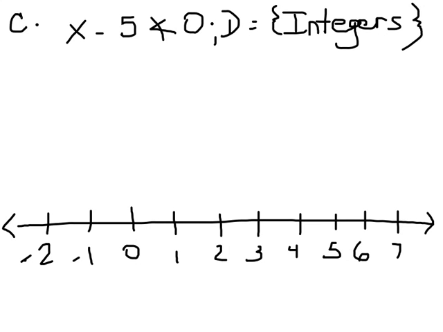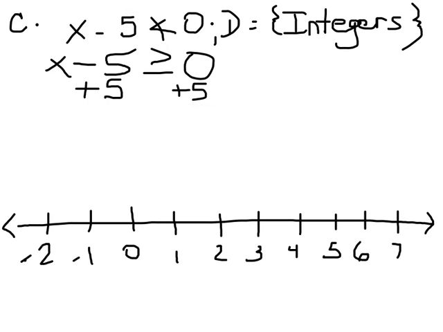Alright, now here's one where we're going to have to use that additive property of inequality. Let's turn it around first and say x minus 5 is greater than or equal to 0. Then we're going to add 5 to both sides, and we get x is greater than or equal to 5.